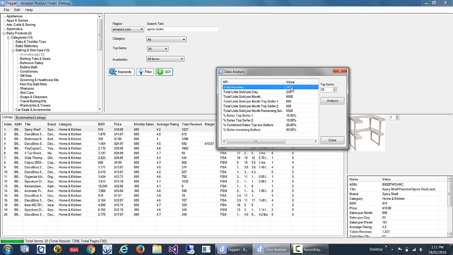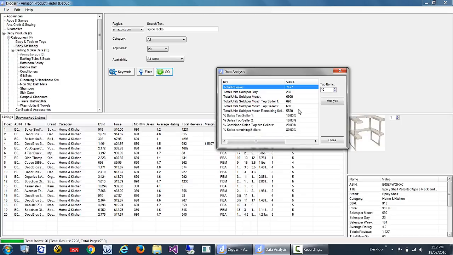That means that in order to get into this market, or show up, I should say, on the first page is going to be very challenging. No, I'm not saying you can't do it, but it's going to be challenging, right? So that's the second KPI that we need to look at. This total review should be less than or equal to 300 to 500, right? And that's basically it.